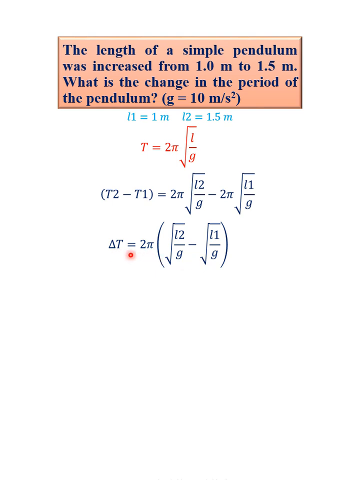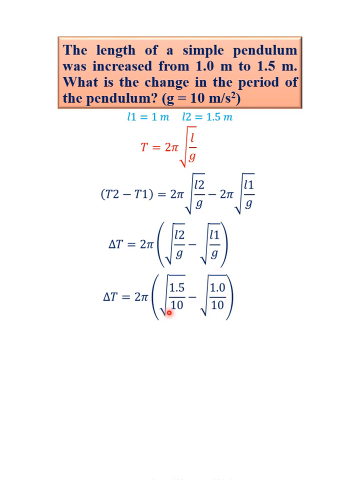At this point, we want to substitute our values, and the change in the period will be equal to 2 pi into the square root of L2, which is 1.5 meters, the second length, divided by 10, g is 10 as given in the question, minus the square root of the first length L1, which is 1, divided by 10.